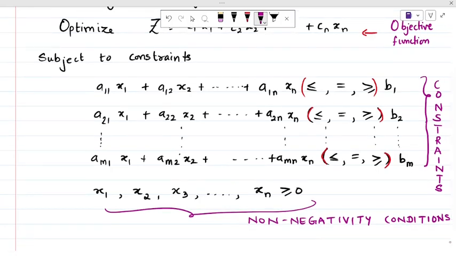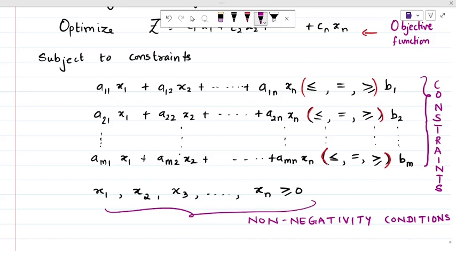So this is the basic form of the LPP that you see over here. Now this LPP is called the canonical form. This itself is the canonical form, and later on when you see it in different formats, you will get a different meaning of it.